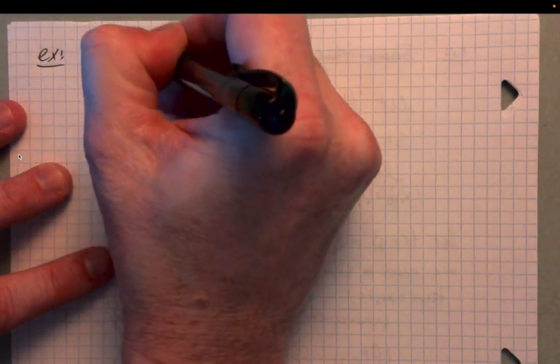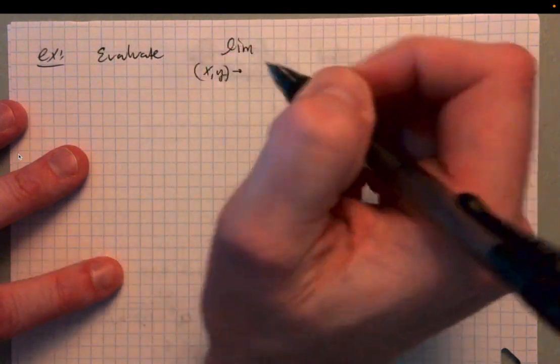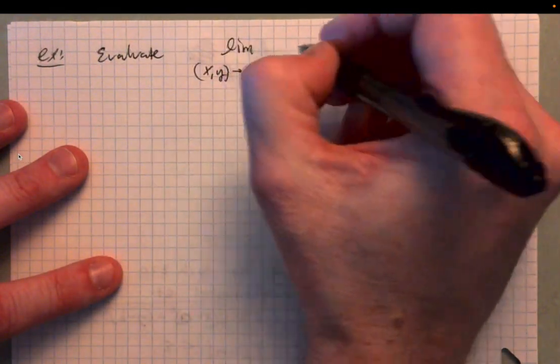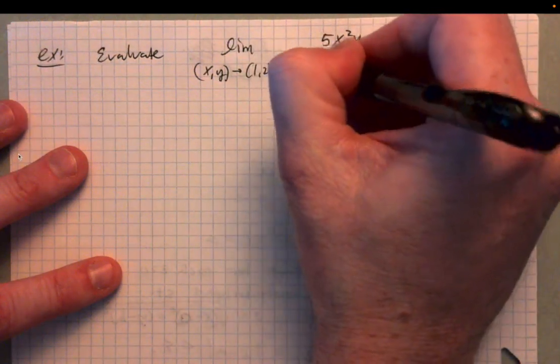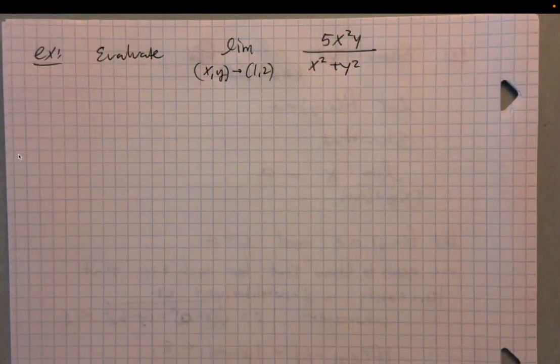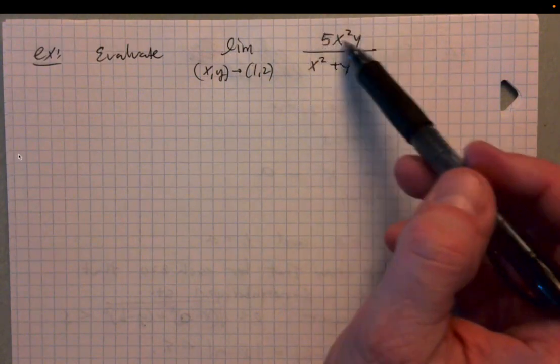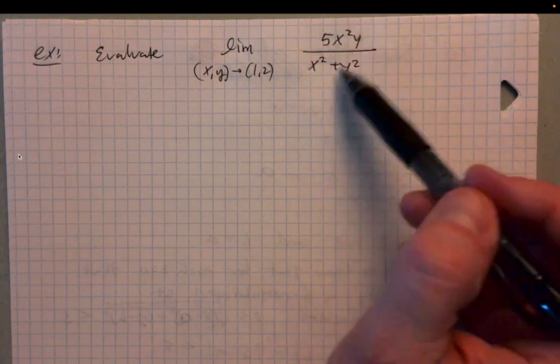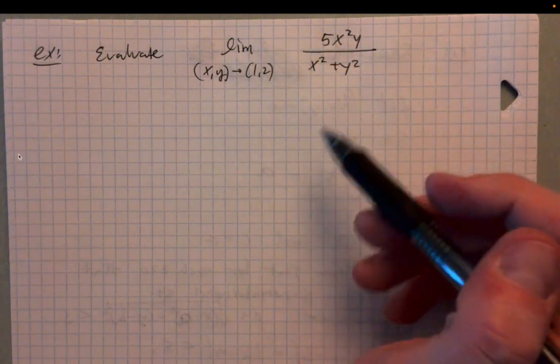Let's evaluate the limit as (x,y) goes to (1,2) of this function, 5x squared y over x squared plus y squared. This is a rational function, and for both the numerator and the denominator, they're polynomials, so there's continuity there, and we can just plug those values in.